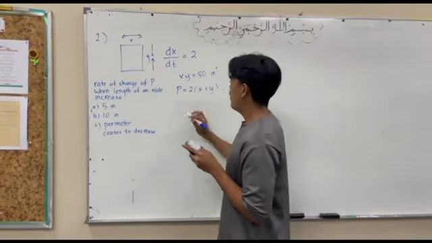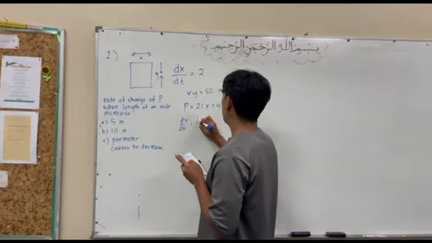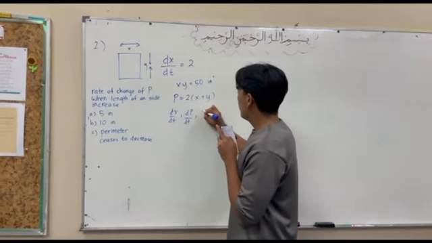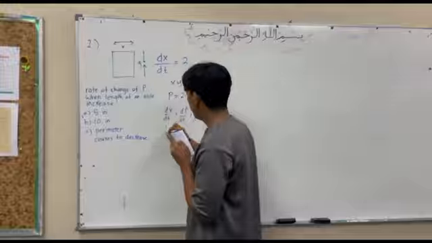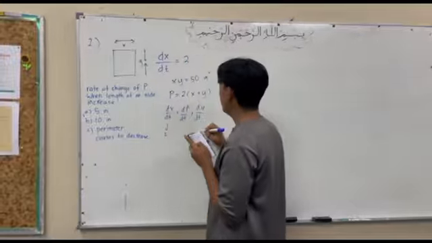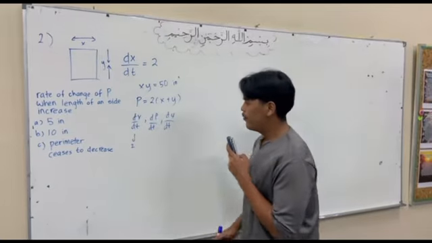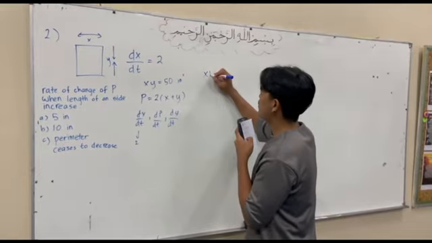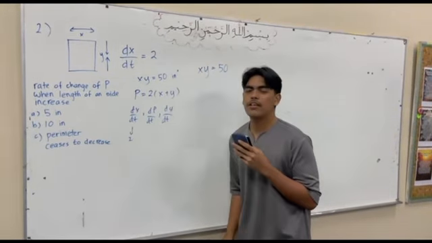So we must have dx/dt, dP/dt, and dy/dt. We have dx/dt which is 2, then dP/dt and dy/dt. To find dy/dt, we can use the equation xy equal to 50. So we can differentiate both sides.